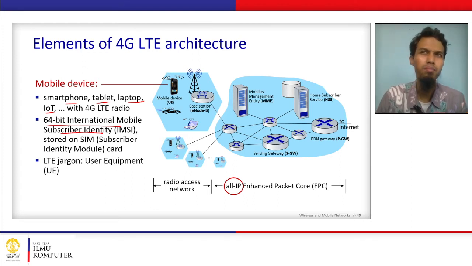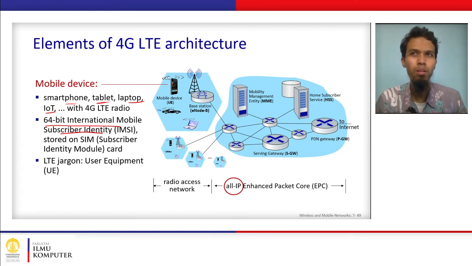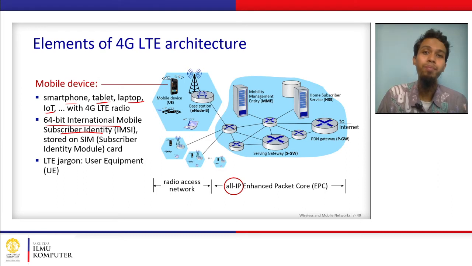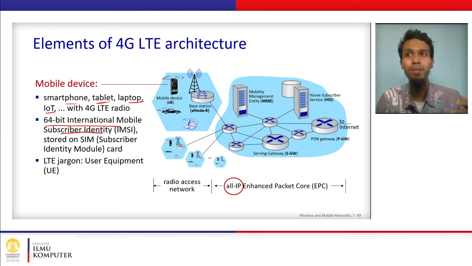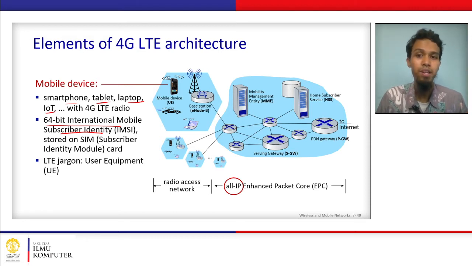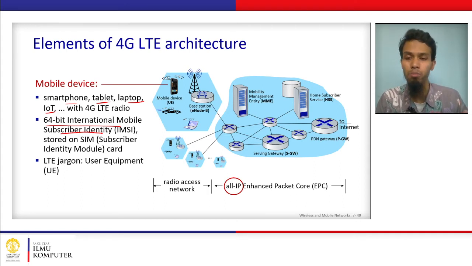I don't remember exactly, I think it was last year, Indonesia required that all mobile devices that enter Indonesia have their IMSI registered, otherwise they are blocked by the telco operators.